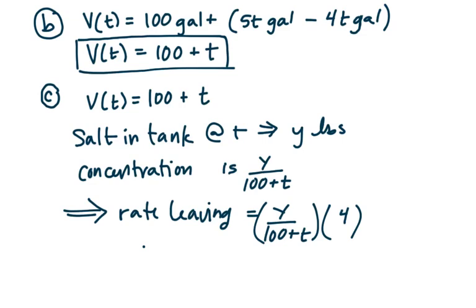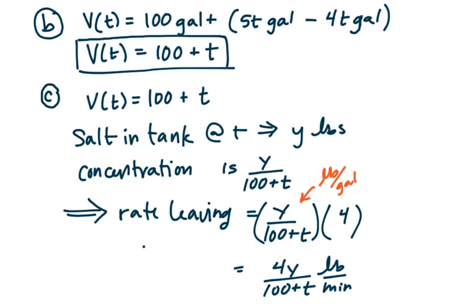That gives me that my rate leaving is 4y over 100 plus t, and that would be in pounds per minute. So the concentration is pounds per gallon times the rate, which is gallons per minute, which leaves us the gallons cancel, and we end up with pounds per minute.